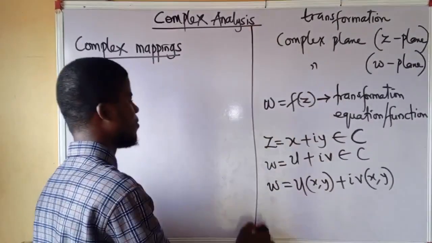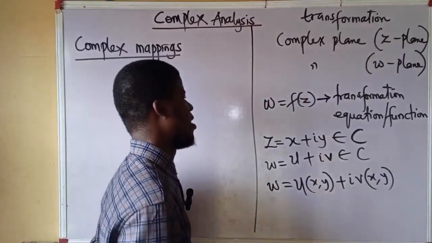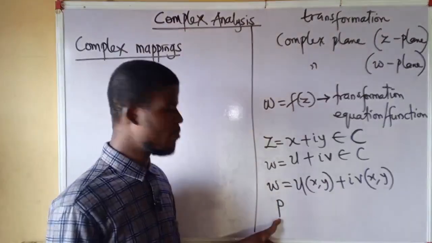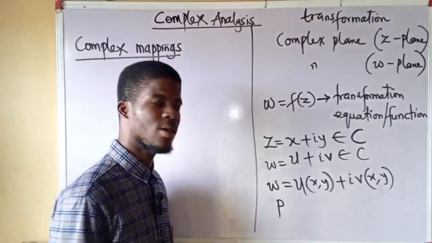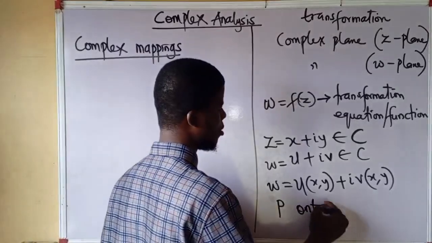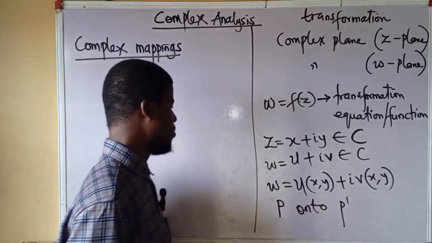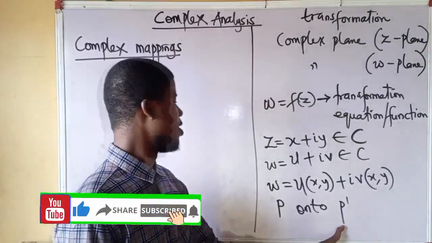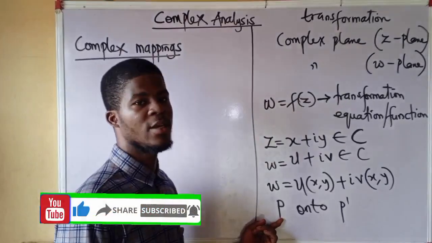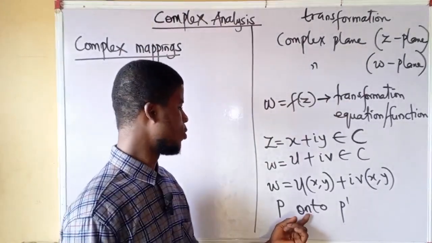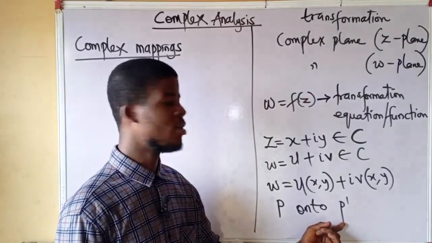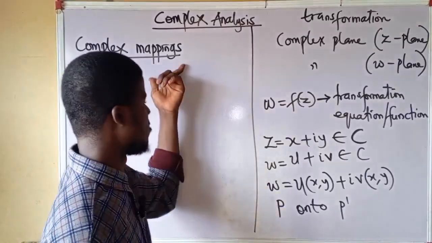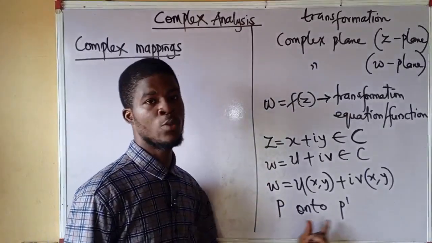Now let's say in the z plane I have a point P. The transformation of P in the Z plane onto P prime in the W plane is referred to as a complex mapping of P onto P prime.